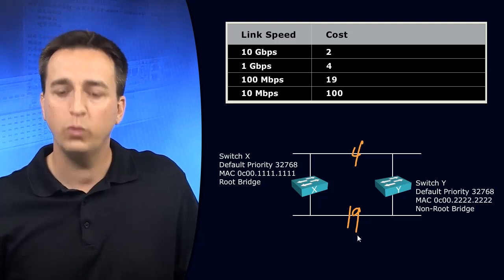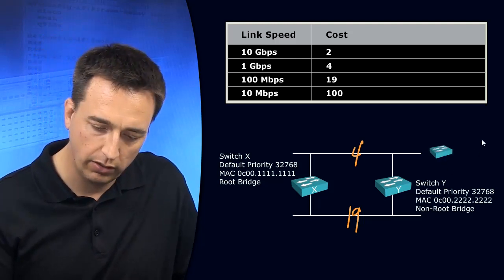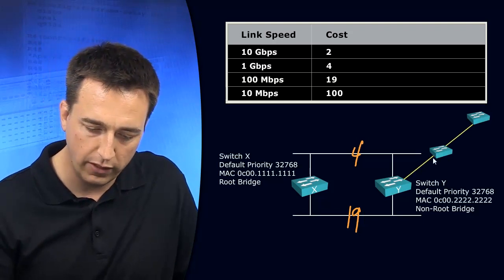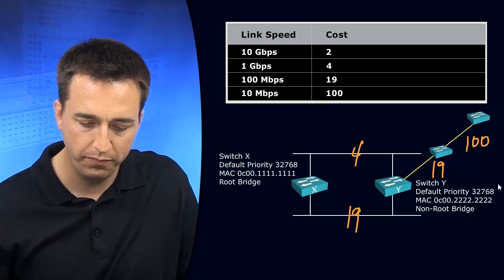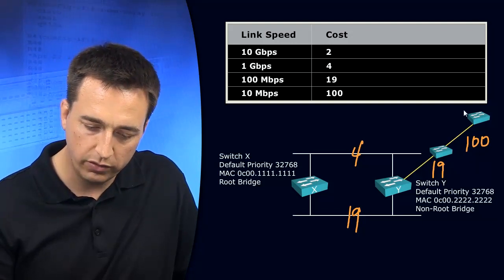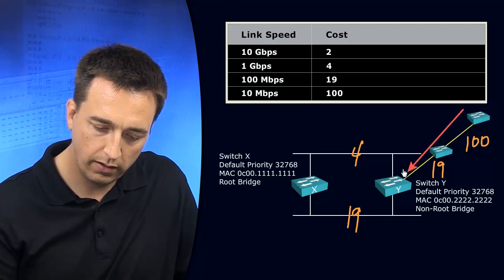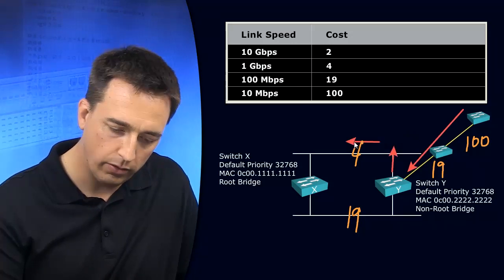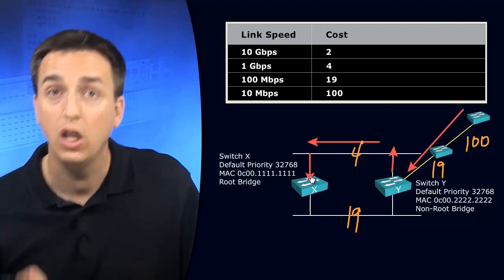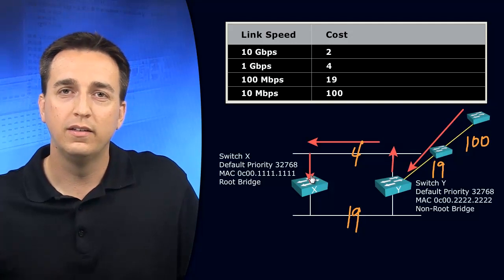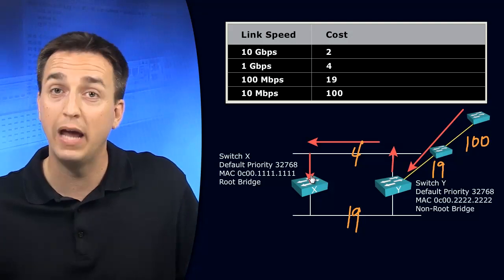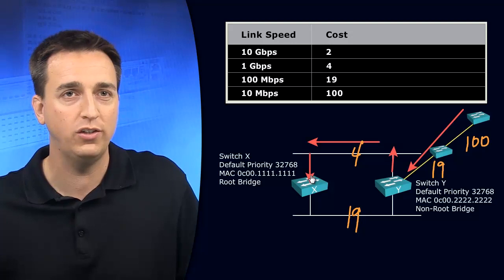So if there are more switches in the topology, let's say there's a switch here, and they're connected up this way, and these links have costs of 19 and costs of, let's say, 100, then the cost to go from this switch here all the way to the root bridge over here is going to be 100 plus 19 plus 4 for a grand total of 123. That would be the root cost to reach the root bridge.